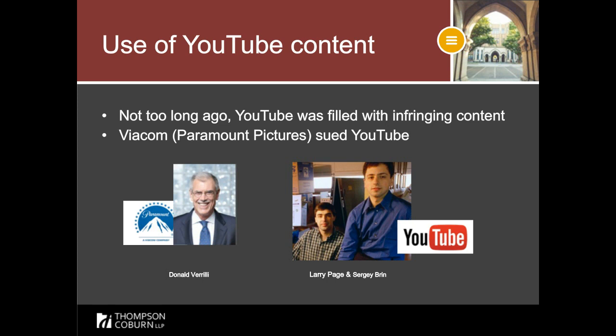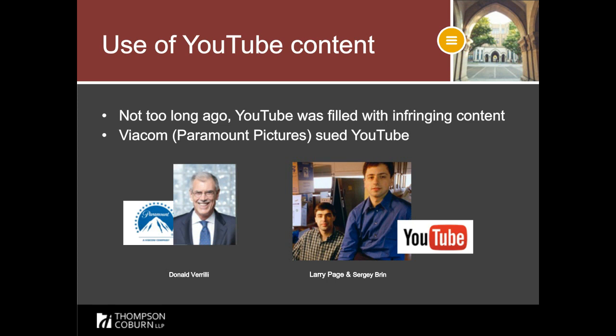So I call it Verrilli versus Larry Page and Sergey Brin. Now, the law was pretty bad for Viacom because the law said that Google is only obligated to take down infringing content when the copyright owner contacts it specifically with respect to one specific piece of infringing content, and only then does it have to take it down.